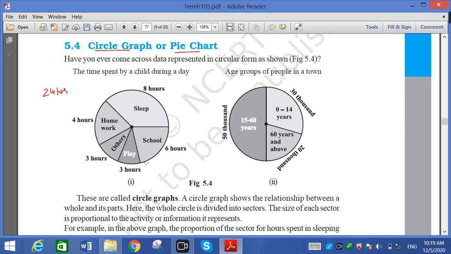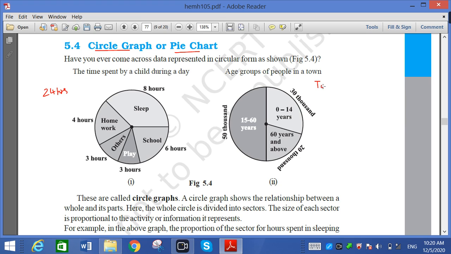So 2 examples are given here. Now the question is we have to make a fraction from it. Another example is the age group of people in a town. 50,000 people are between 50 and 60 years, so the maximum are here. 20,000 are 60 and above, and 30,000 are in the remaining group.